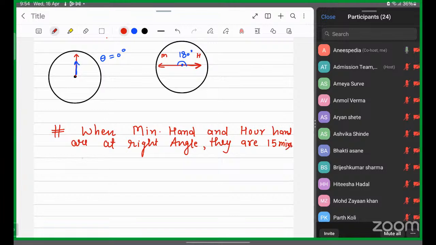Which means if the hour hand and minute hand are at a right angle, there will be a time gap of 15 minutes. 15 minutes will give a certain amount of angle and it will be approximately 90 degrees.